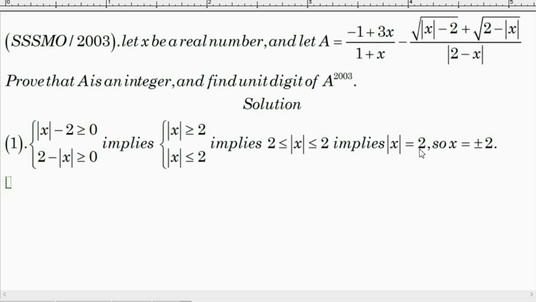So the answer is x equal to plus or minus 2. Now we have one condition. So the second condition must be like this.